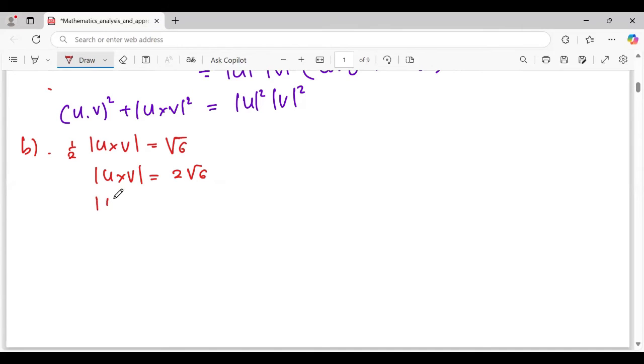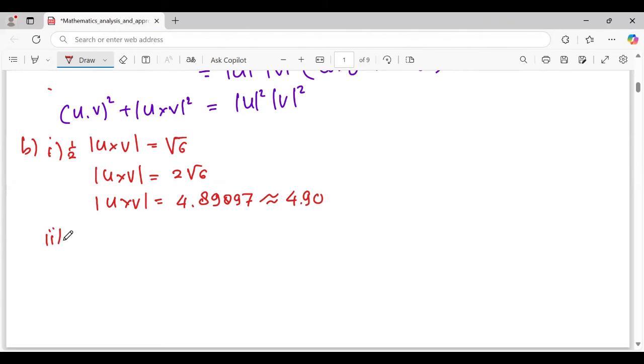If we convert to decimal, it becomes 4.89897, approximately 4.90.